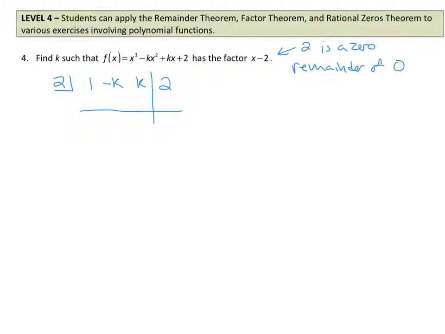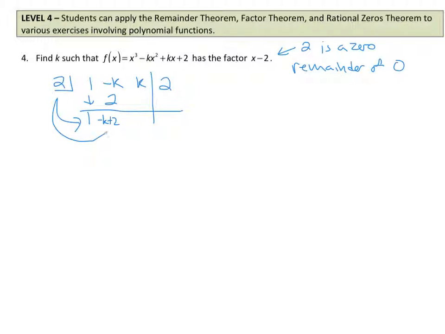Just like when we do normal synthetic division, even though it has variables in it, we're going to follow the same steps. So we bring down the 1, we multiply the 2 by the 1, and we get 2. And now we add negative k plus 2, and we just write the expression, negative k plus 2.